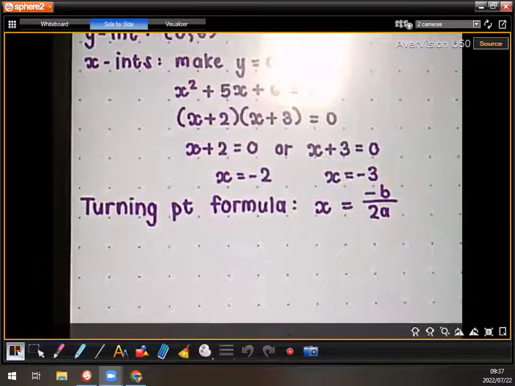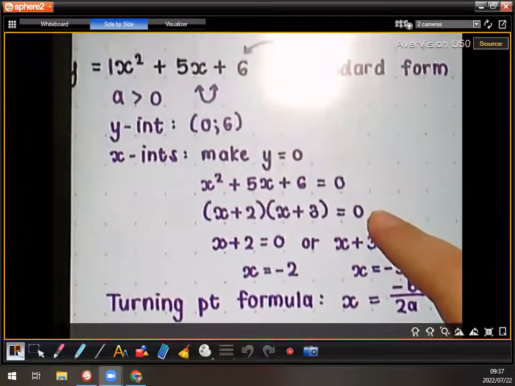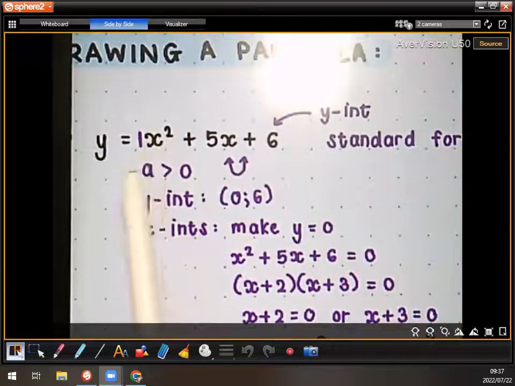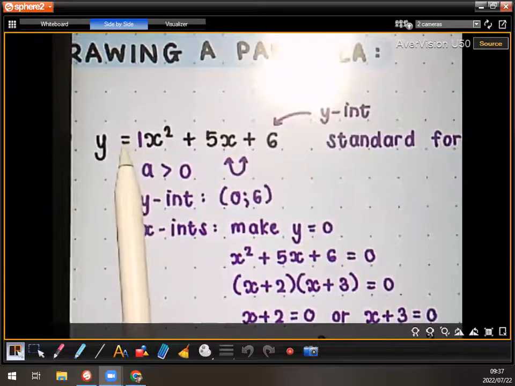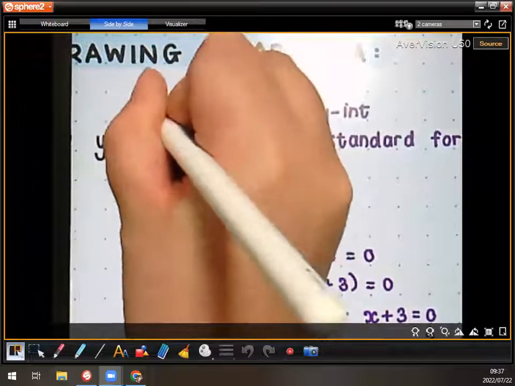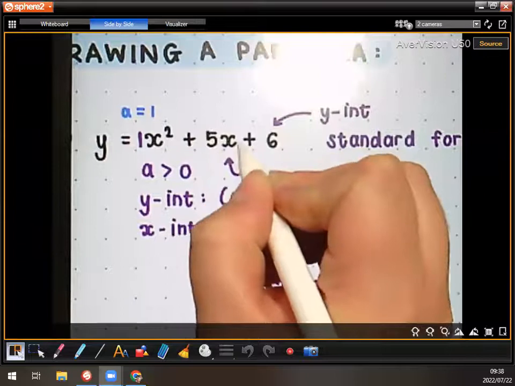And remember that b and a refer to numbers in this equation. So go back up to our equation again. This is the equation, right? A, remember, is always the coefficient of x squared. So a is 1. My b value is always the number that's in front of x.